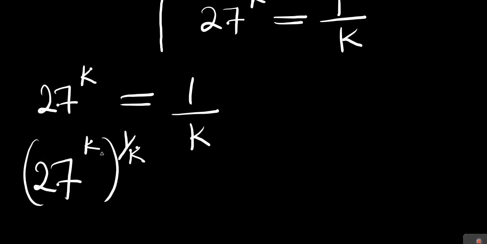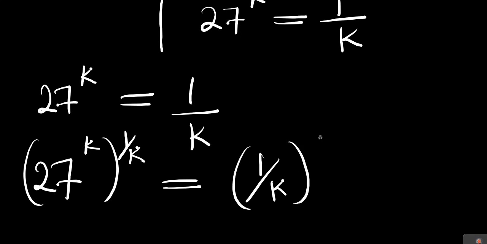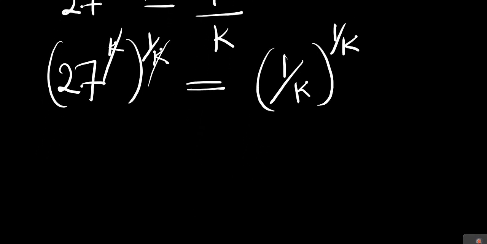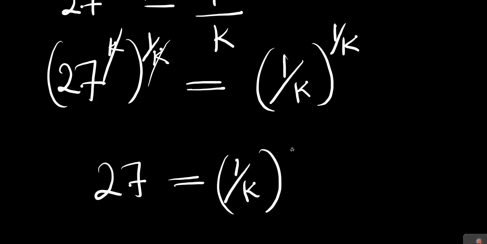By doing this, I can cancel out this k, and I will do the same thing here: 1 over k all power 1 over k. Have you seen that? So this k will cancel this k here. So we are now going to have 27 is equal to 1 over k power 1 over k.